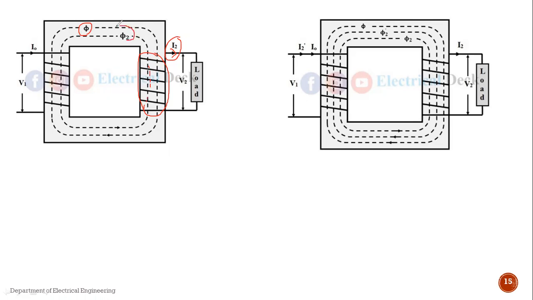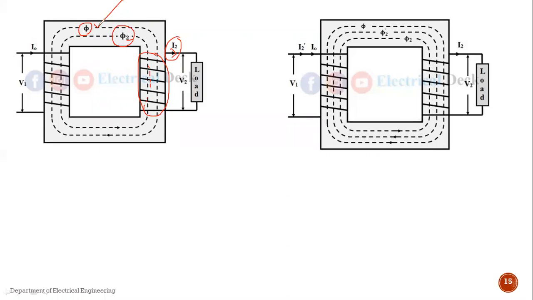Okay, when the flux phi2 is set up by the secondary coil, the secondary flux phi2 is produced opposite to that of the main flux phi.